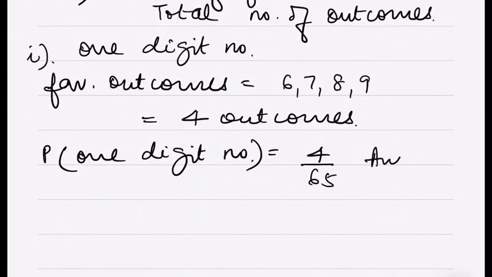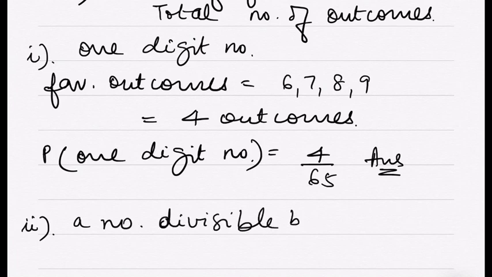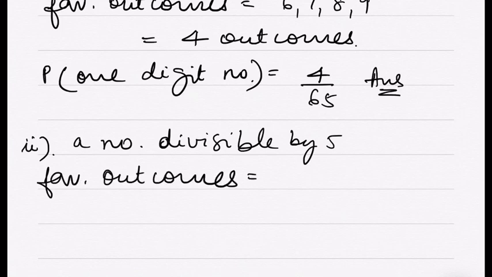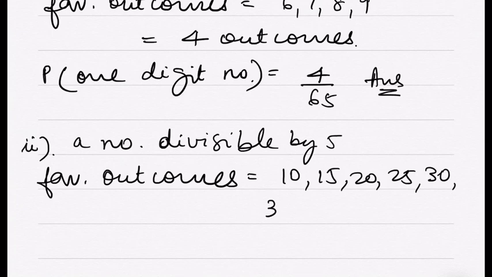Now for the second part, it says a number divisible by 5. Okay, it starts from 6, so 5 is not there. So my favorable outcomes will be 5 is not there, but 5 2s are 10, 5 3s are 15, 5 4s are 20, 5 5s are 25, 5 6s are 30, 5 7s are 35, 5 8s are 40, 5 9s are 45, 5 10s are 50, then 55, then 60, 65, and 70 is also there.